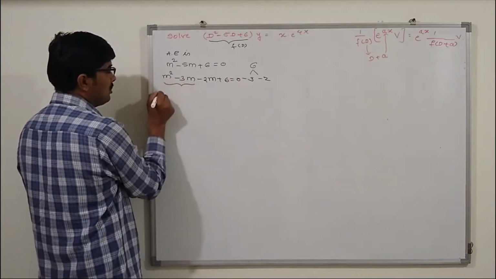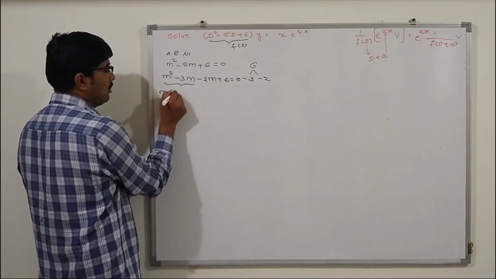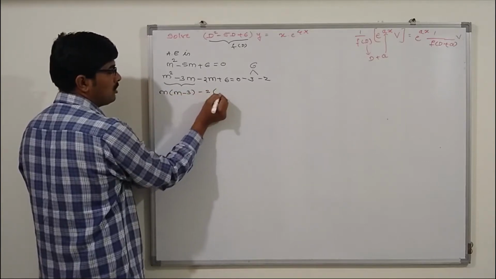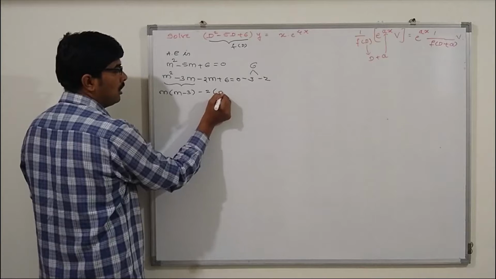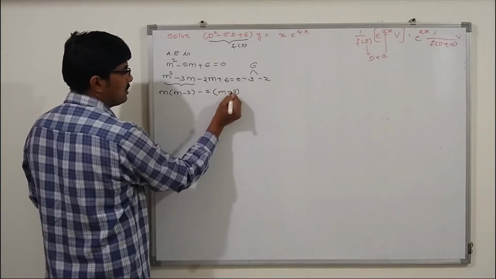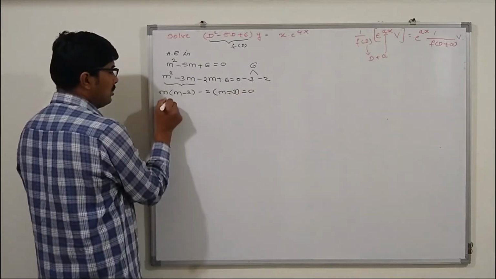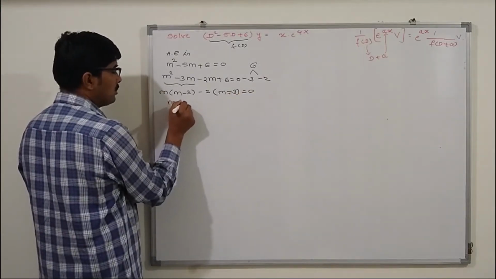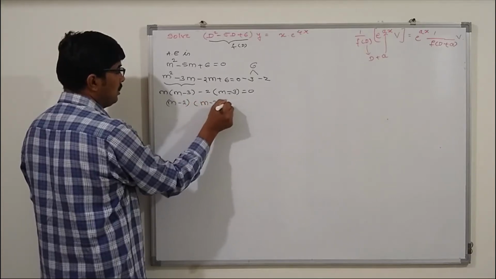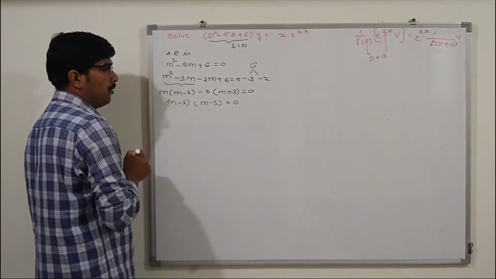From the first two terms take m common, m minus 3 remains. From the last two terms take minus 2 common, you will get m minus 3. So (m minus 2) into (m minus 3) is equal to 0.